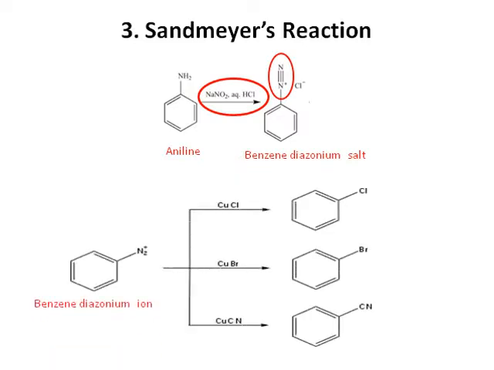Here it is benzene diazonium ion, and due to the presence of diazonium ion, the electron pair between diazonium ion and the carbon will be shifted to the nitrogen N2 plus ion. So it makes the carbon atom positively charged so that the nucleophile can easily attack the carbon atom of the benzene ring. Now where from will this nucleophile come?